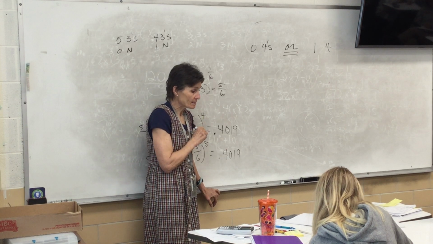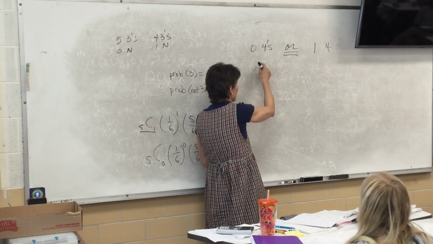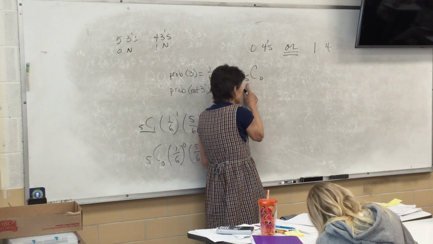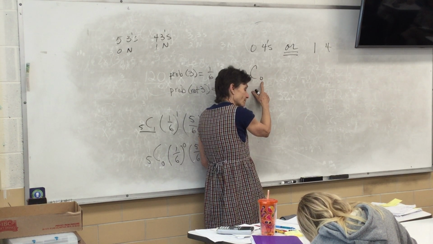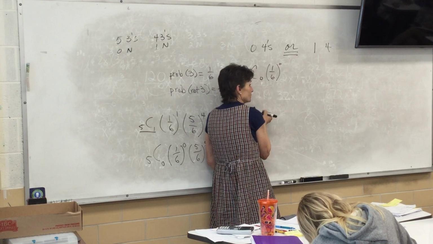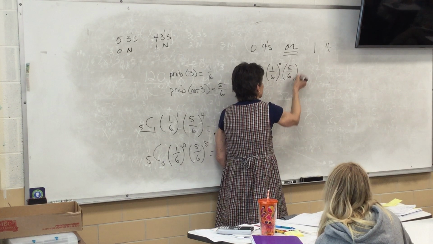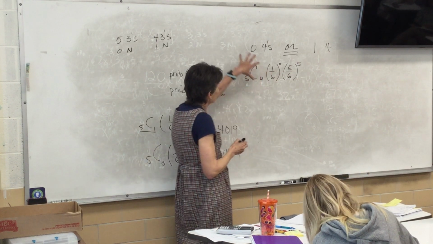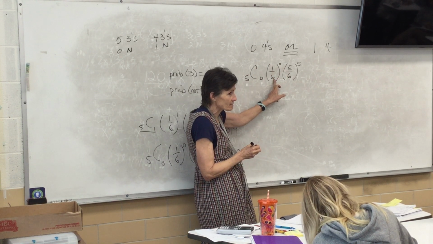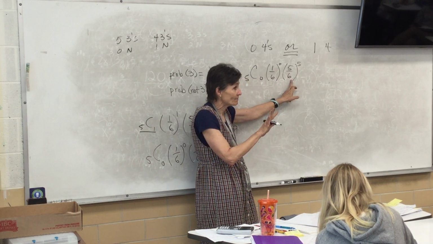I am rolling the die still 5 times, so this one, no 4s, is going to be 5C0. I'm rolling it 5 times, I'm getting 0 4s. The 4 probability is 1/6, and the not 4 probability is 5/6. So if I want no 4s, then I have no 1/6, but I have 5 5/6, because I rolled it 5 times.